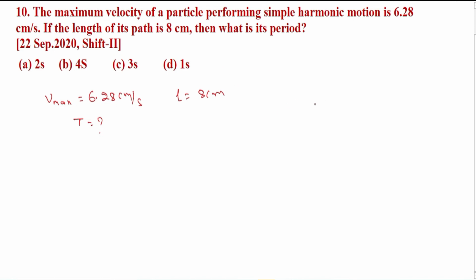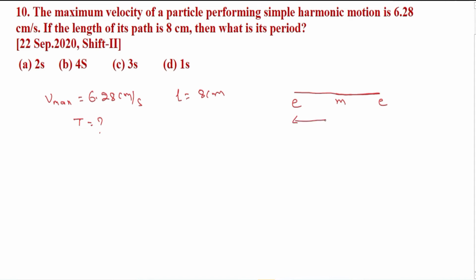So assume this is a particle which is undergoing simple harmonic motion, that means it moves to and fro like this. This will be my mean position, and these will be my extreme positions.